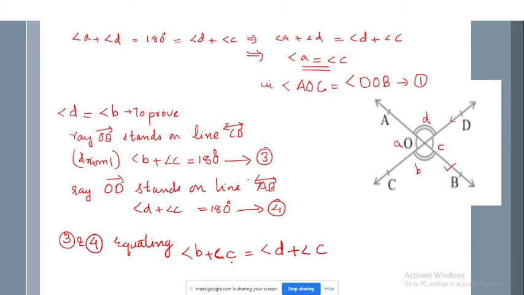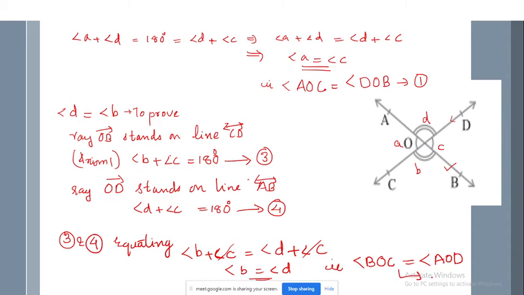So from this can we say that angle B is equal to angle D? We will just cancel this, or we will take angle C to this side, and since they are equal they will cancel. So angle B is equal to angle D, that is, angle BOC is equal to angle AOD.